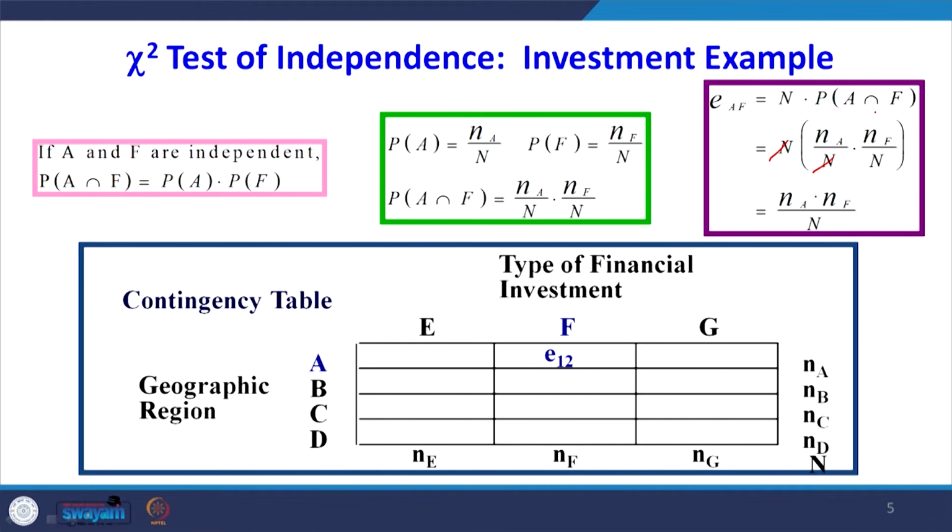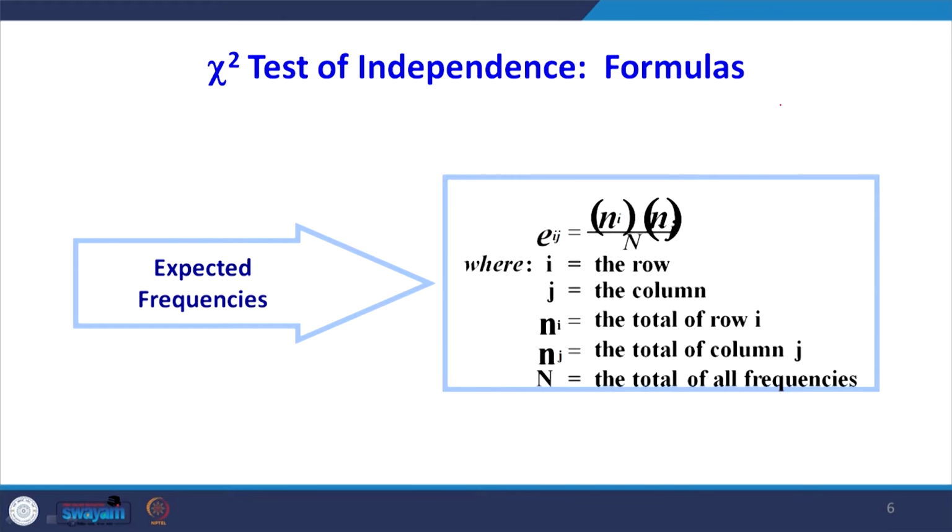If you want the answer in terms of frequency, that has to be multiplied by your N, that is why we are getting this N. So expected frequency Eij is Ni, where i represents the row and j represents the column, Ni means the total of row i, multiplied by Nj, the total of column j, divided by capital N, the total of all frequencies. This is our expected frequency. Obviously, there is one more frequency which you have to find, the observed frequency, that will be given in the problem itself.